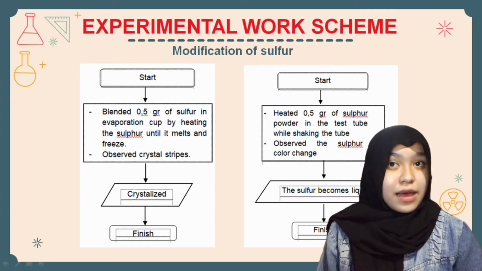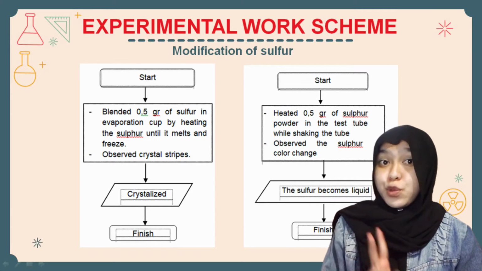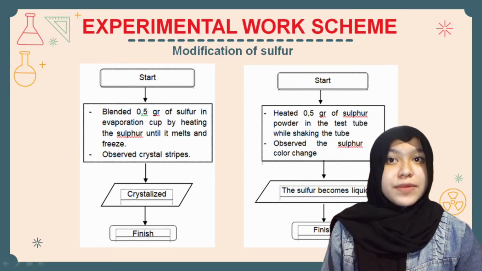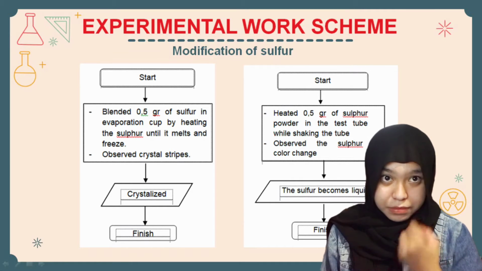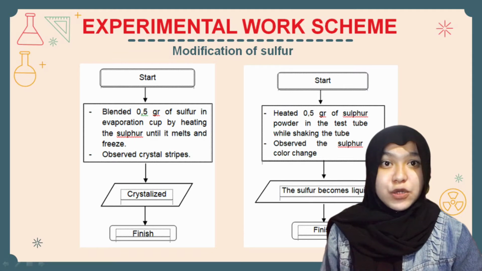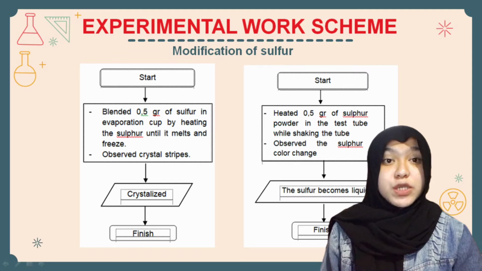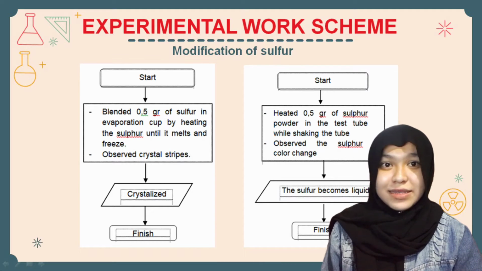Finish. Then method 2: start. Next, heat 0.5 gram of sulfur powder in the test tube while shaking the tube. Observe the sulfur color change. Next, the sulfur becomes liquid, and finish.